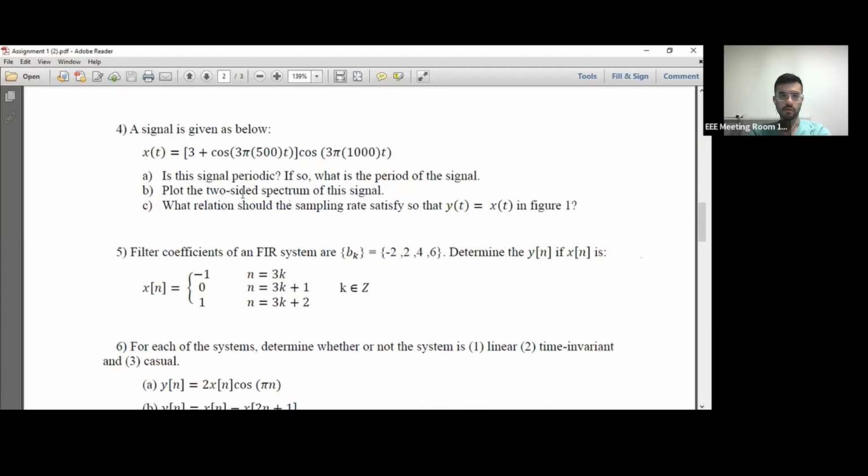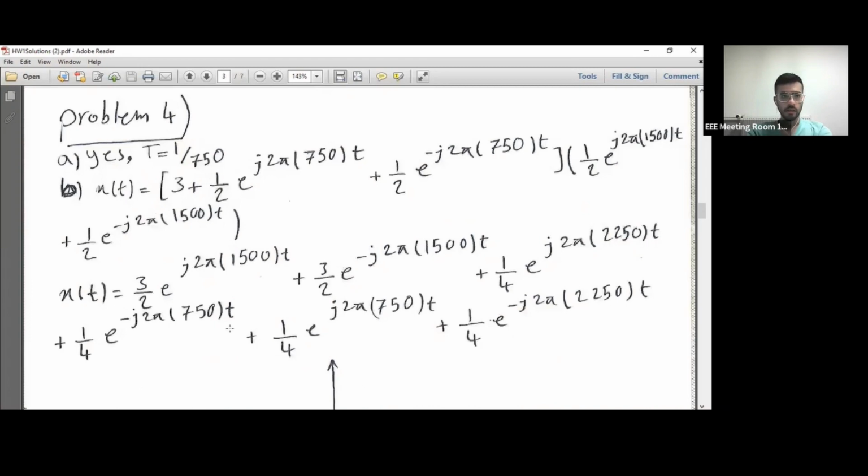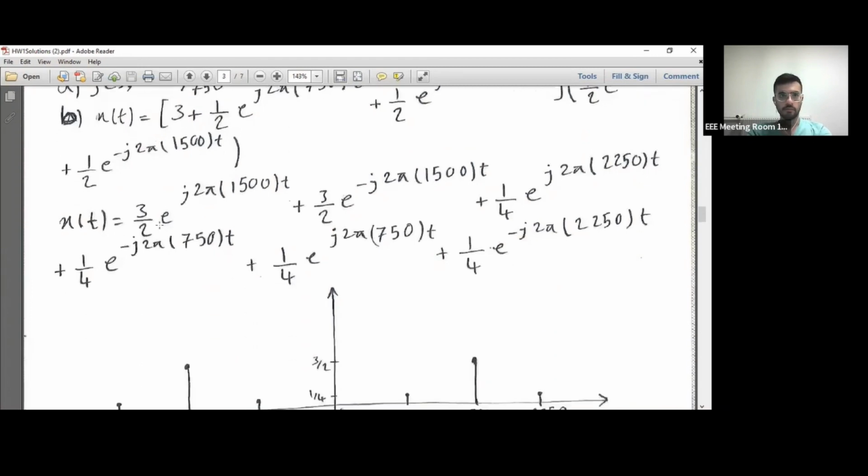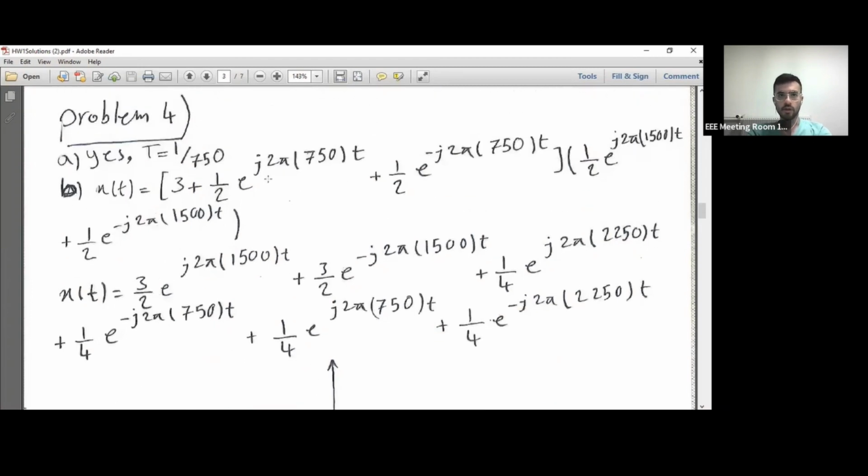We need to plot the two-sided spectrum. So here we need to simplify this equation. So we multiply these 2 terms inside this parentheses. So we will have these terms, which is 6 terms.